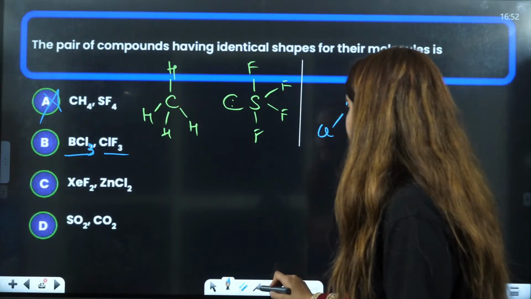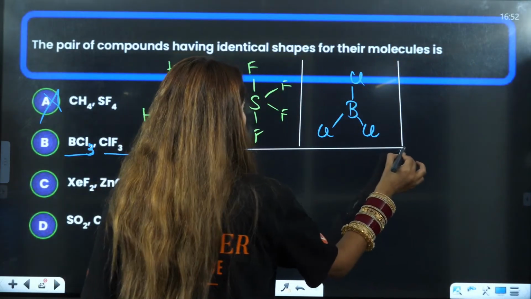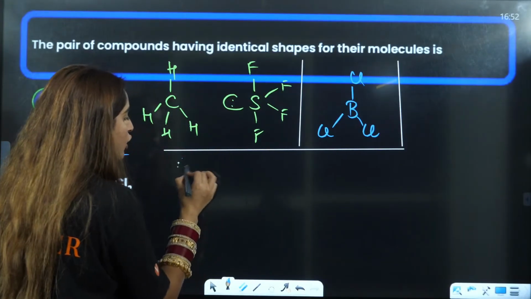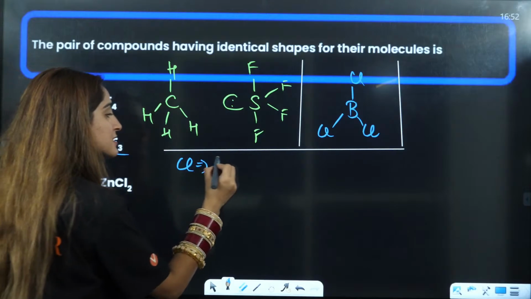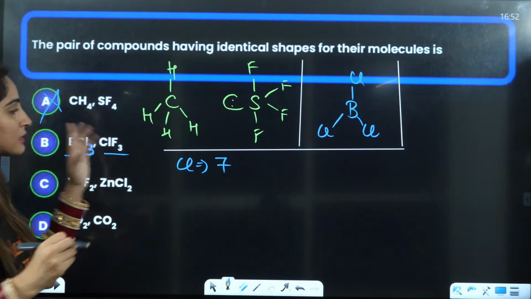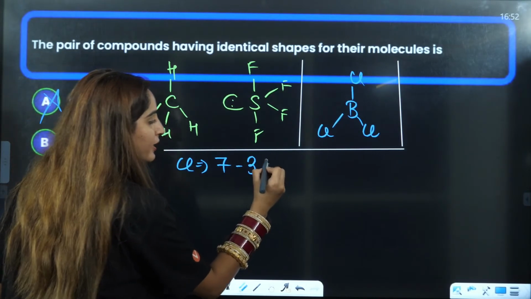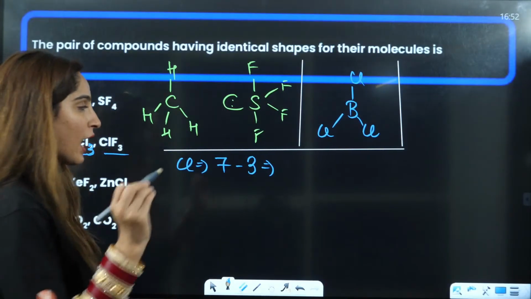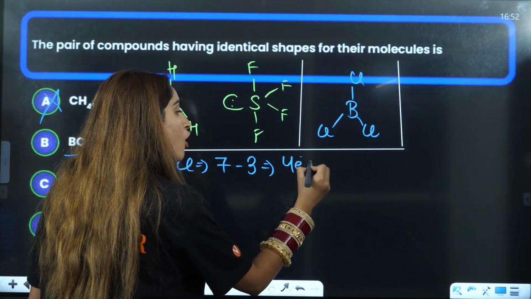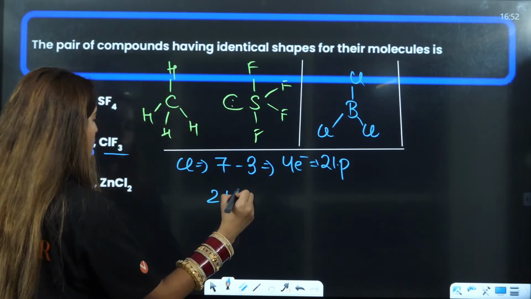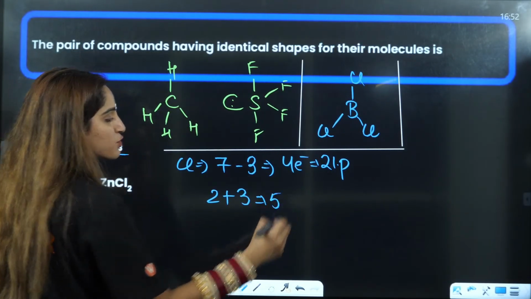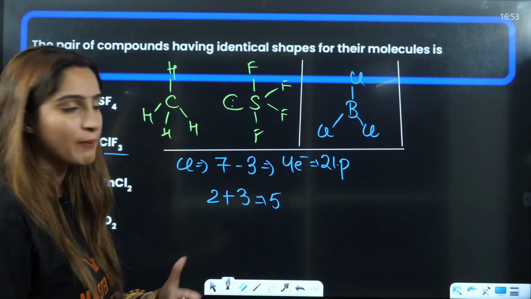Next is ClF3. Chlorine belongs to group number 17, that means it has 7 outermost electrons. 3 bonds are already occupied here. 7 minus 3, we have 4 electrons, which means 2 lone pairs. So 2 lone pairs plus 3 bond pairs is 5, so it is again trigonal bipyramidal.